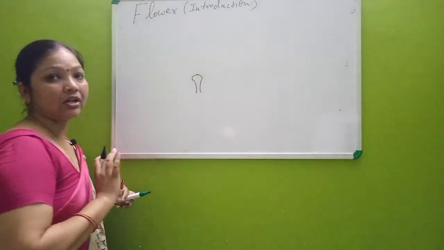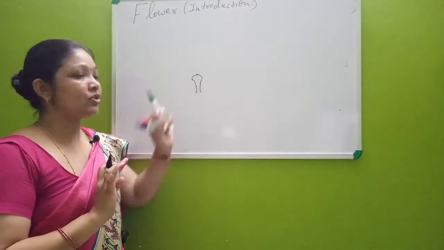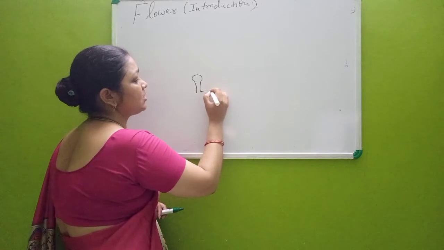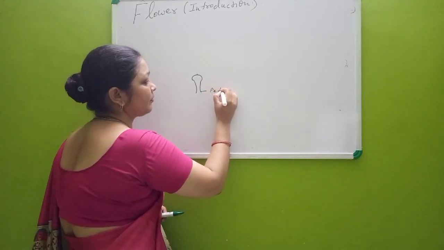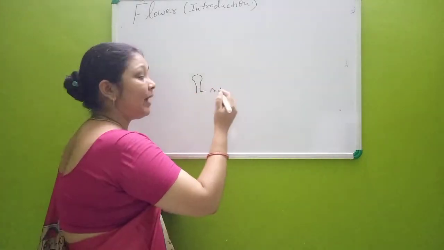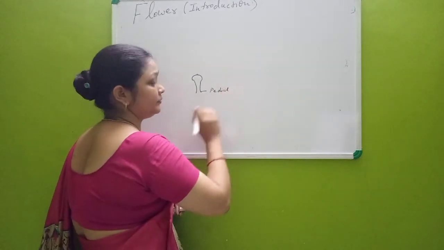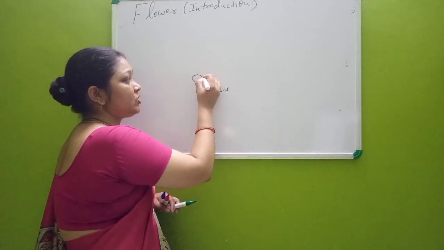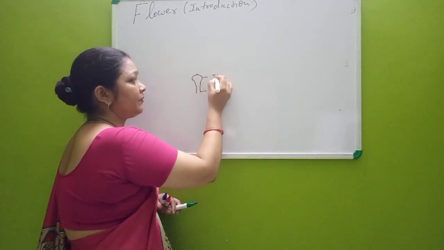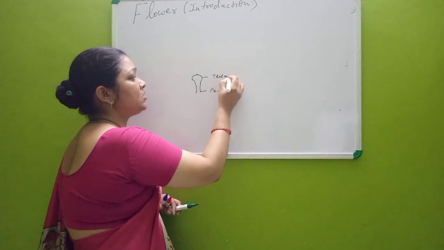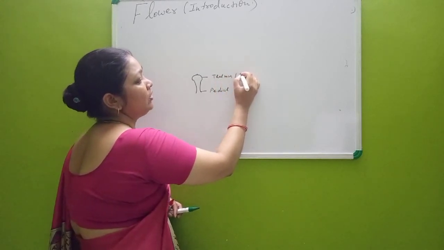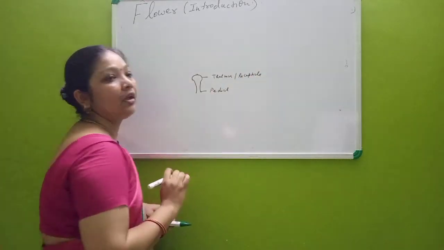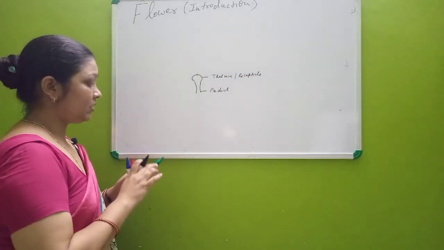This is the pedicel. And the swollen structure which is present is the thalamus, or it is also called the receptacle.